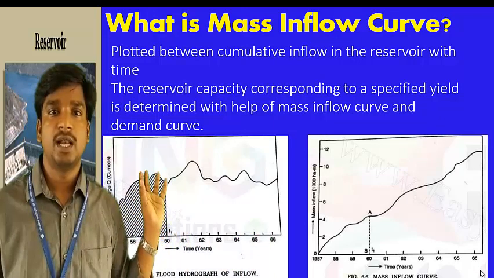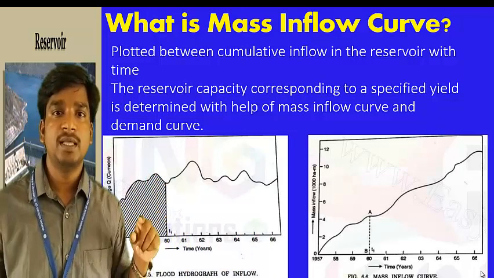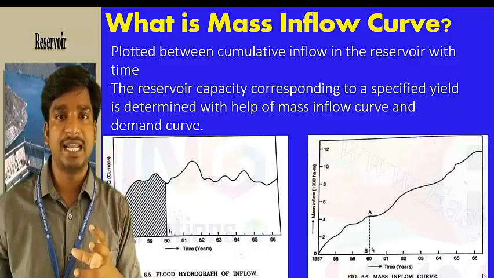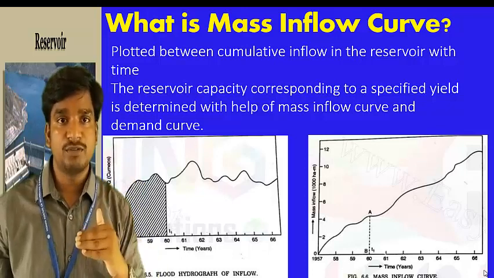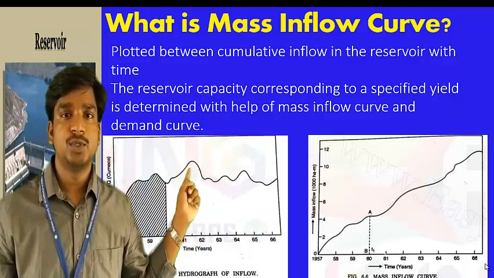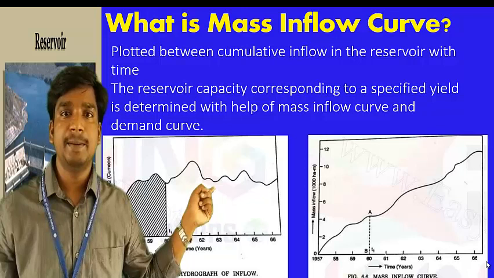Now I am concluding this particular topic. The mass inflow curve is an accumulated values graph, because of that there is a continuous rise in the graph. So this rise indicates what happens.